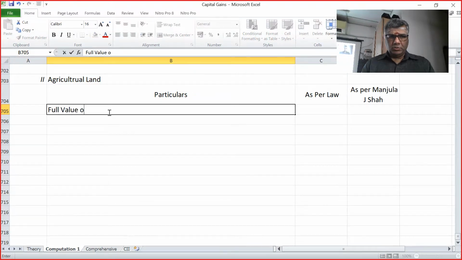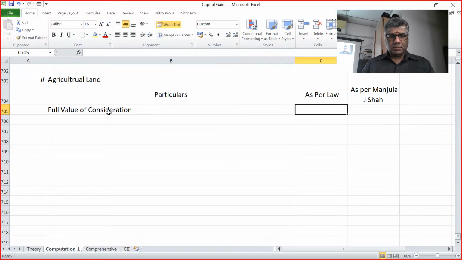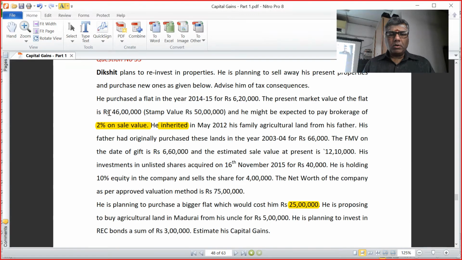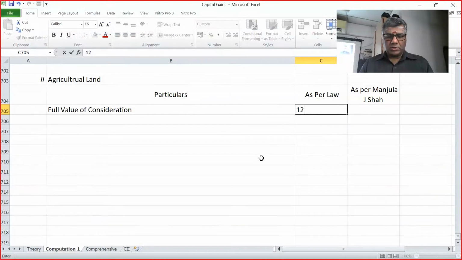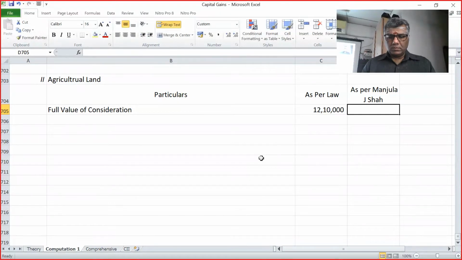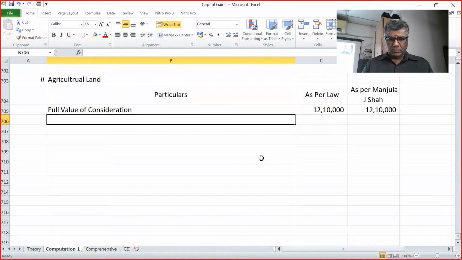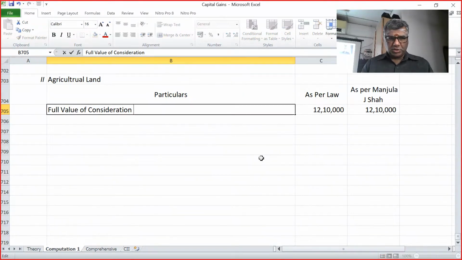Full value of consideration as per law. In both cases, because he inherited agricultural land, it is for the farmer, 12 lakh 10,000, which becomes the net consideration also.